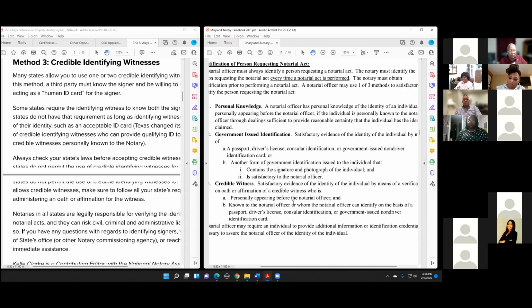That's why we say living ID. Of course, I had to give that person an oath, and then we were able to proceed with the notarization. As you can see on the screen here, the NNA calls it a human ID instead of a living ID, which is the same thing.